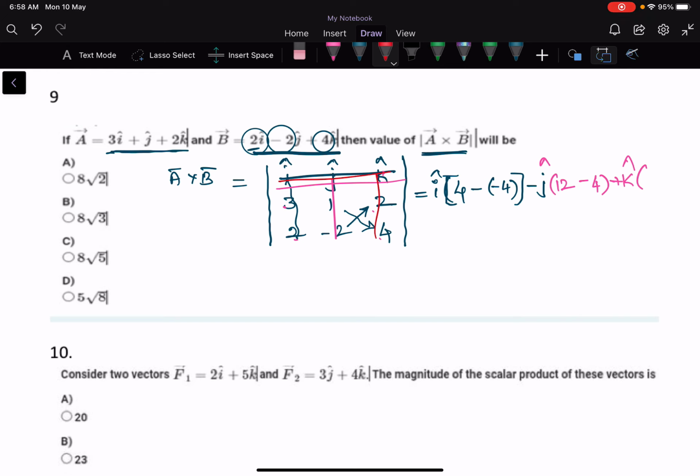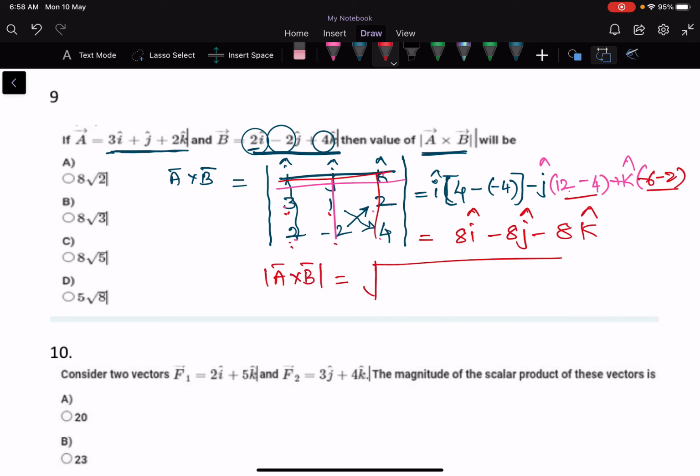You will find only the 2 by 2 matrix of 3, 1, 2, minus 2. So 3 into minus 2 is minus 6, minus 2 into 1 is 2. So you will get the vector 8i, 12 minus 4 is 8, minus 8j, and minus 8k. Now we need to find the magnitude of A cross B, which is under root of 8 square plus minus 8 whole square plus minus 8 whole square. That is 8 root 3, which is the answer.